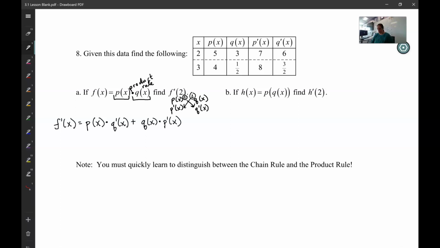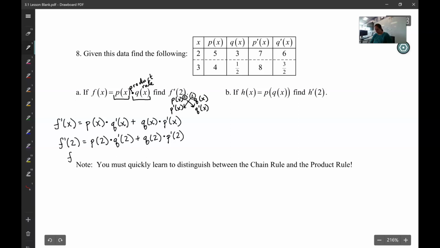So that's my product rule, and now I want to specifically find f prime of 2. So that means I'm going to go through and replace all the x's with 2's. And now I can use my table to plug things in.